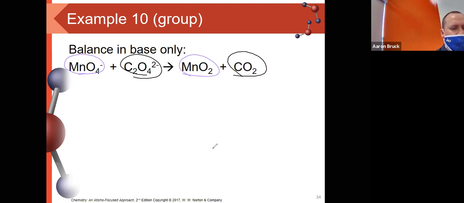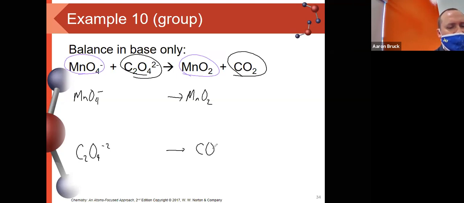My first half reaction, I'm going to have the permanganate ion turning into the manganese 4 oxide. And in the second half reaction, the oxalate ion turning into carbon dioxide.